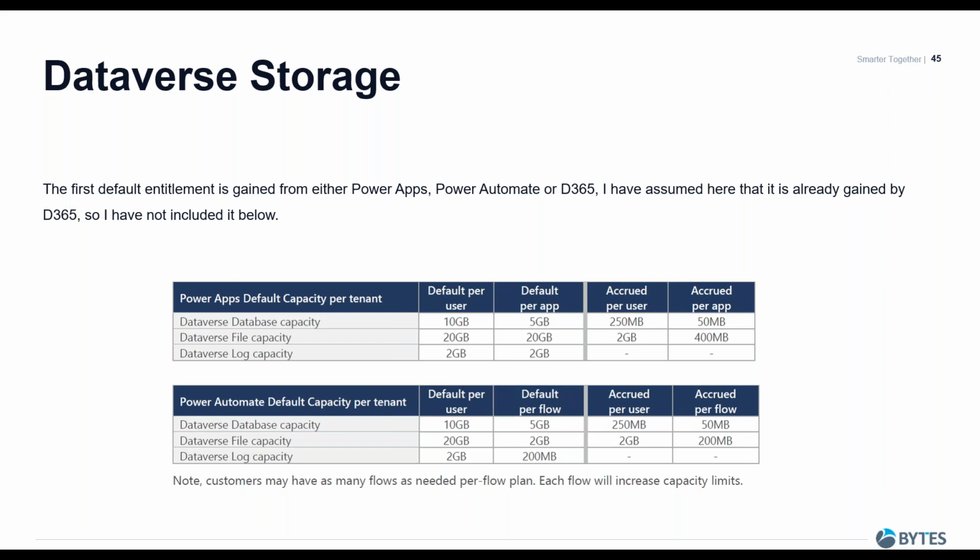You get the default storage capacity on a per tenant basis. And then for every additional user license or flow license or per user per app license you buy, you get additional storage accrued. And if you then need additional storage, you can buy that on a per gig basis. The storage will be used for things like creating additional portals, etc.